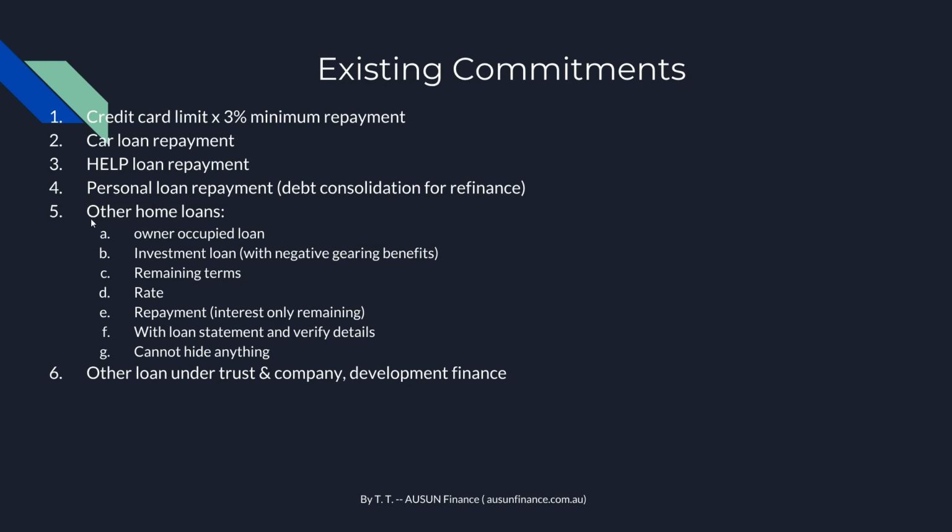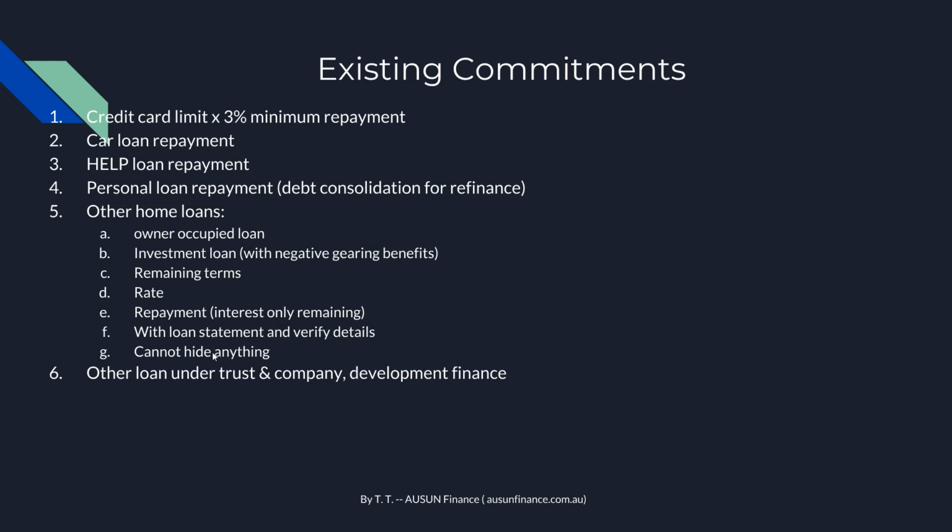Number 5, the other home loans, which means other existing commitments you need to pay. That is either your own mortgage on your home or an investment loan, maybe applying some negative gearing benefit, the remaining term, which means how many years are left, the rate you're currently paying, and whether it's interest only or principal plus interest repayment, with loan statements that banks will ask for to verify all these details.